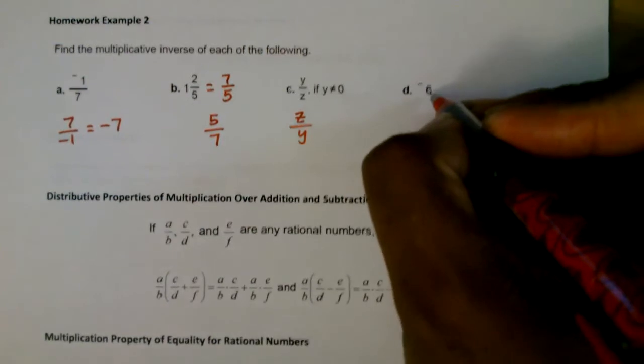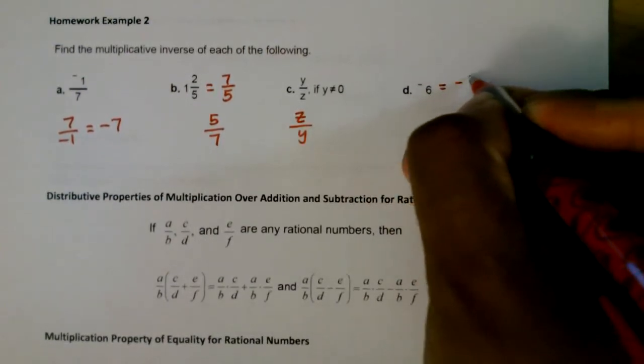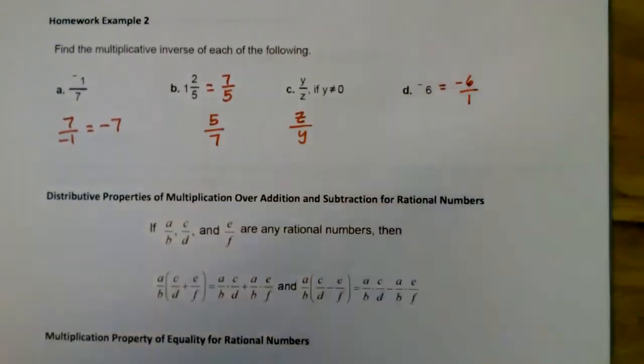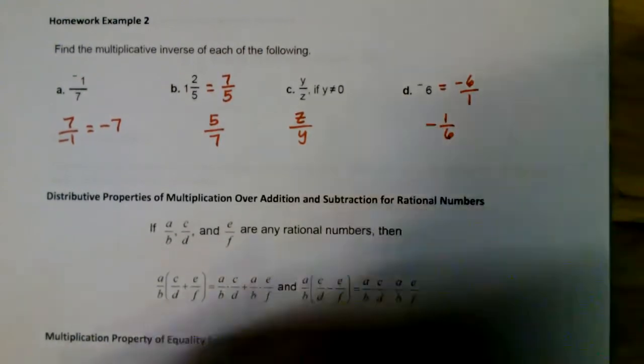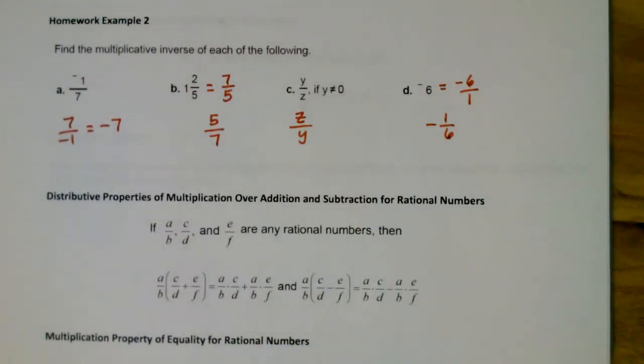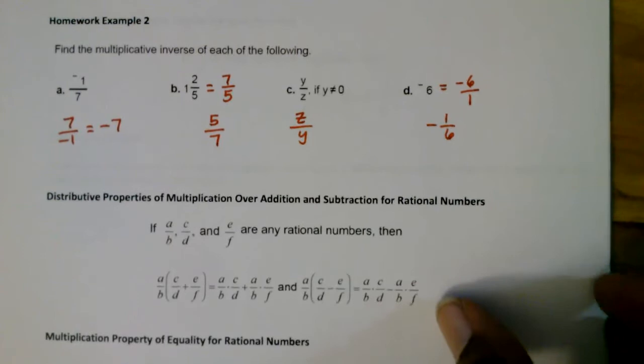Well, if I write -6 as -6 over 1, then we can take the multiplicative inverse of that, and that will be -1/6. Okay, that's how we take the multiplicative inverse or the reciprocal of rational numbers.